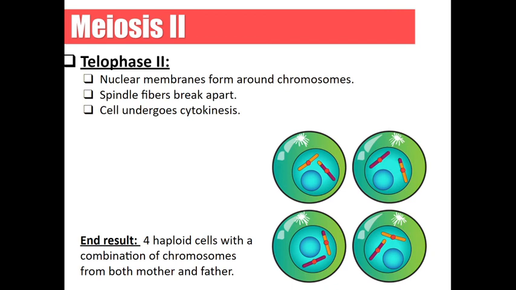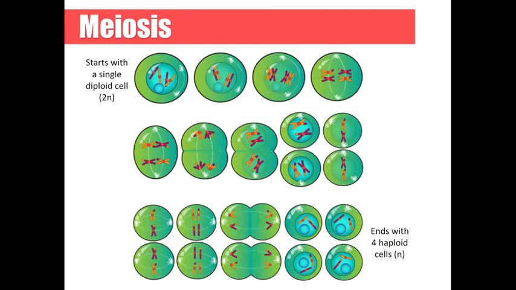So the end result of meiosis 2 is you are going to have 4 haploid cells with a combination of chromosomes from both the mother and the father. So you start with a single diploid cell, and this is the process as a whole, which is going to end with our 4 haploid cells.